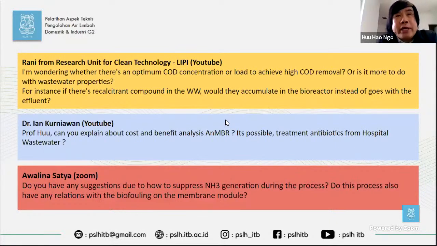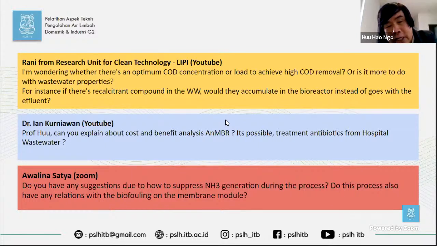Or we think about using animals. We can use animals to apply to an anaerobic MBR, for example. And about biofouling, in my opinion, the biofouling from that is not significant, because for biofouling, just remember that polysaccharide and protein really create the problem.